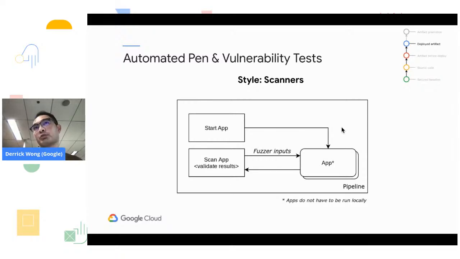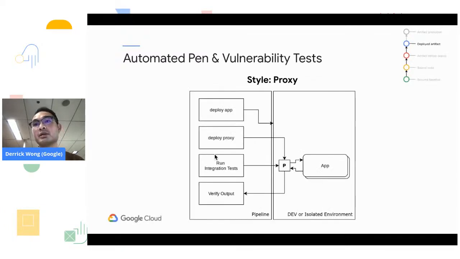Pen test and vulnerability test. So obviously this is a scanner, application scanner, for finding weaknesses in your applications. There are two types of automated pen test tools. One is a scanner, so the scanner will send input to your application and then validate the results. There's another kind, proxy style.